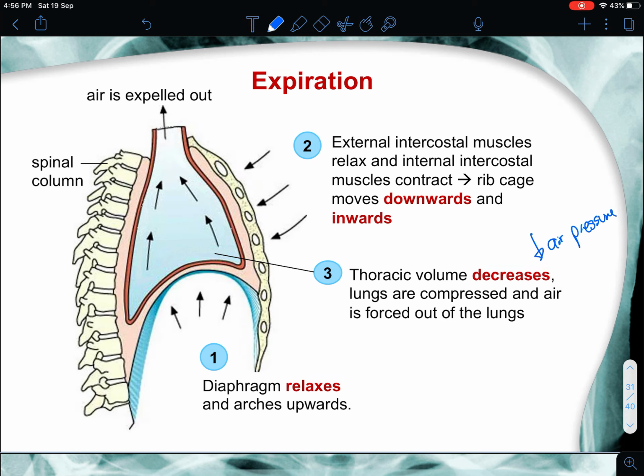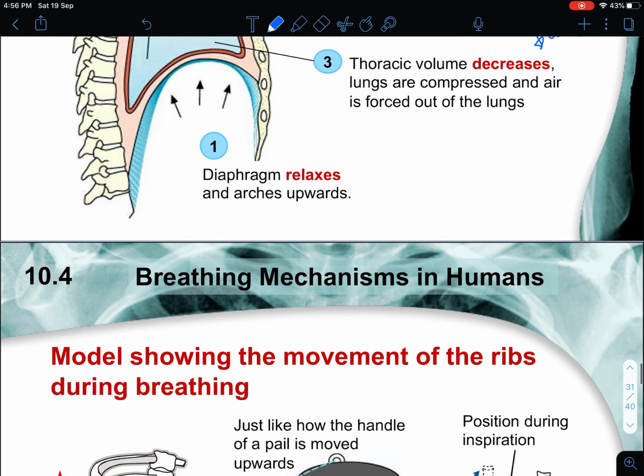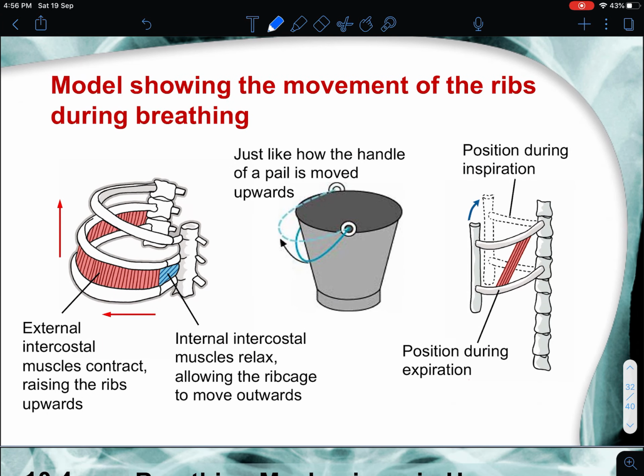Due to this action, the air will then rush from the lungs out into the environment, as air usually moves from a high pressure region to a lower pressure region. Okay, these are some models to show the ribs moving in and out during breathing. This one you can pause the video to take a look.